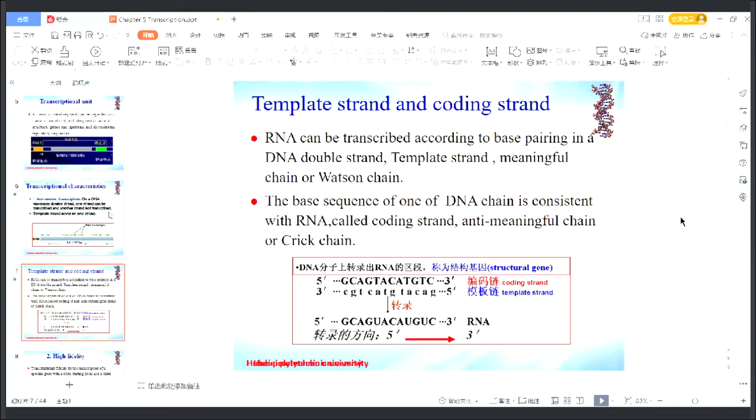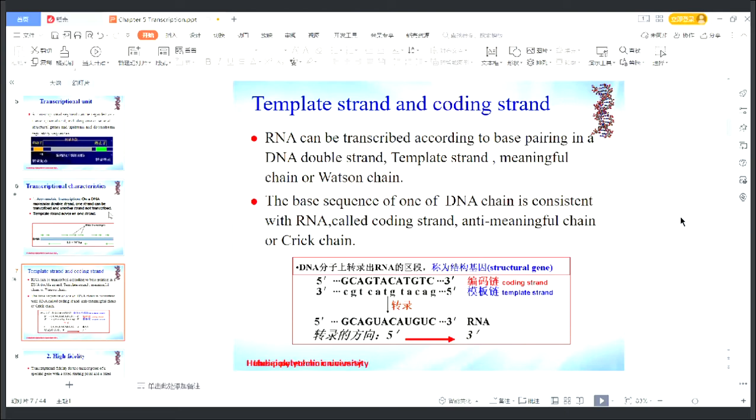So at that time you can see the produced RNA sequence paired with the other strand, CGTCATGTACAG.